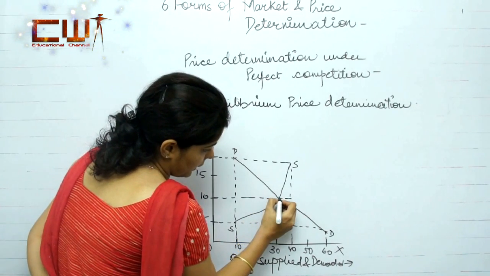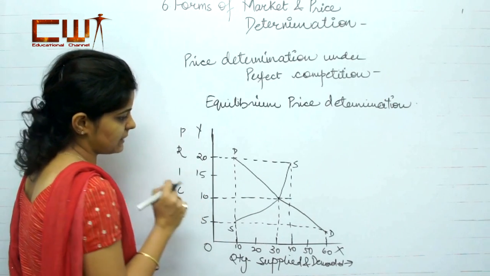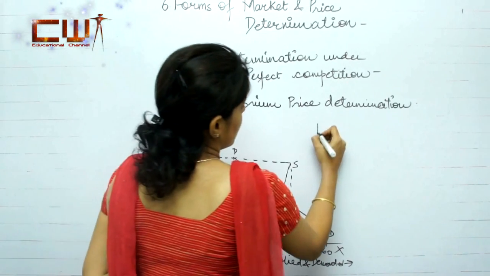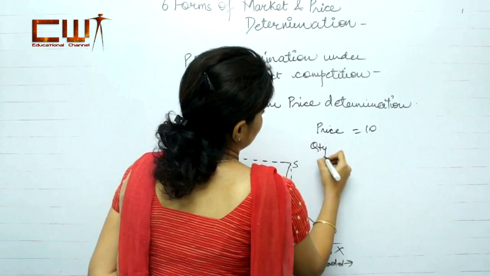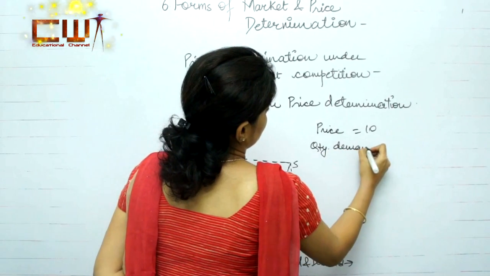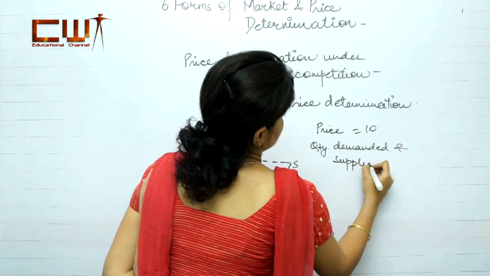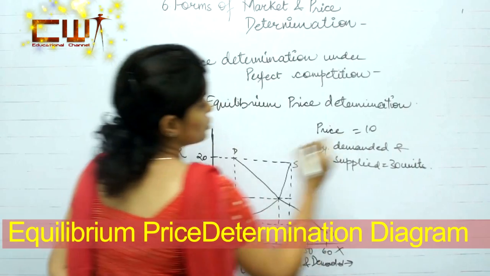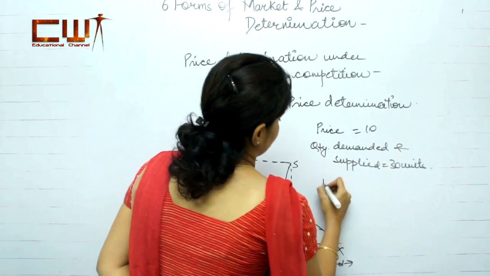This is the point where demand and supply meet each other. What is the price? 10. What is the quantity? 30. So price is 10, and quantity demanded and supplied is 30 units.